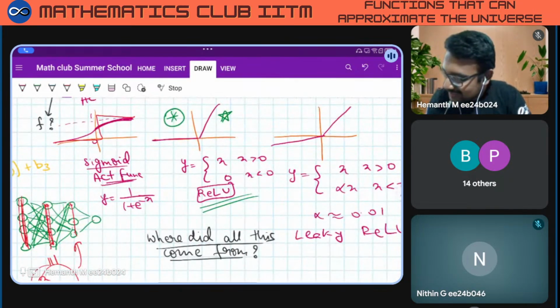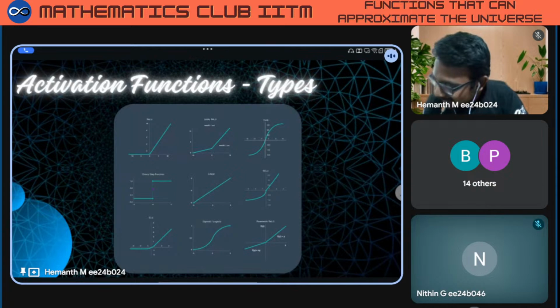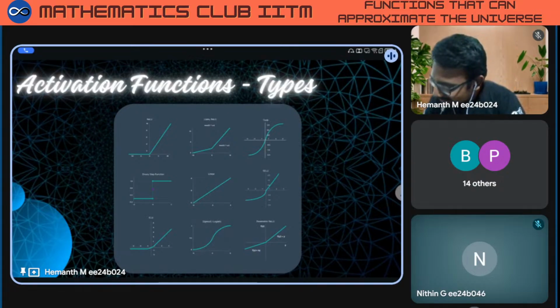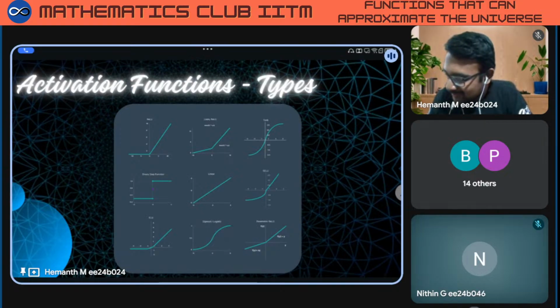There are some other activation functions as well which are commonly used, as shown in this figure: ReLU, leaky ReLU, tanh, the hyperbolic tangent. There are some others as well which can be used based on a requirement. It's mostly an empirical choice that we make before training a network.